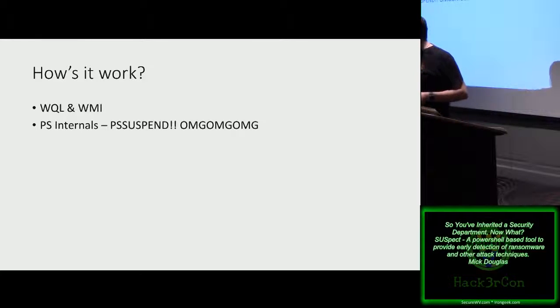Whenever a process starts, a WMI query will trigger this event, and the WQL query is looking at whether this executable object, whether it's a COM object, a PowerShell script, a regular old exe, is from those current directories that I mentioned earlier, the Program Files and the Windows directories.